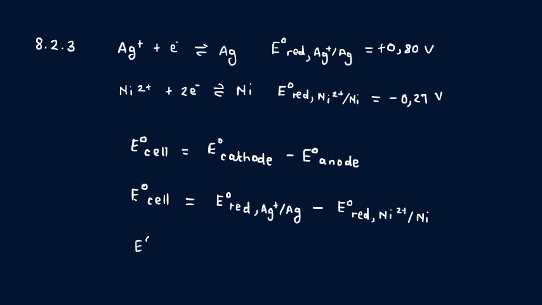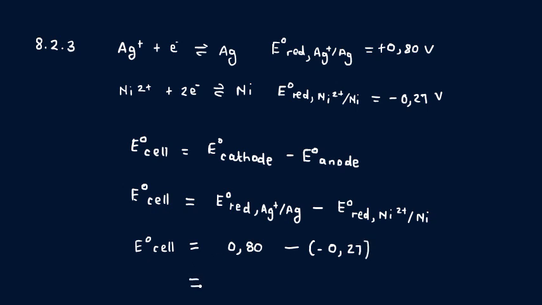E naught cell is going to be equal to, this one is plus 0.80 volts, and we need to minus from that, this one is minus 0.27. Let me not put in these volts, they're a little bit confusing. Let's just put in the values.